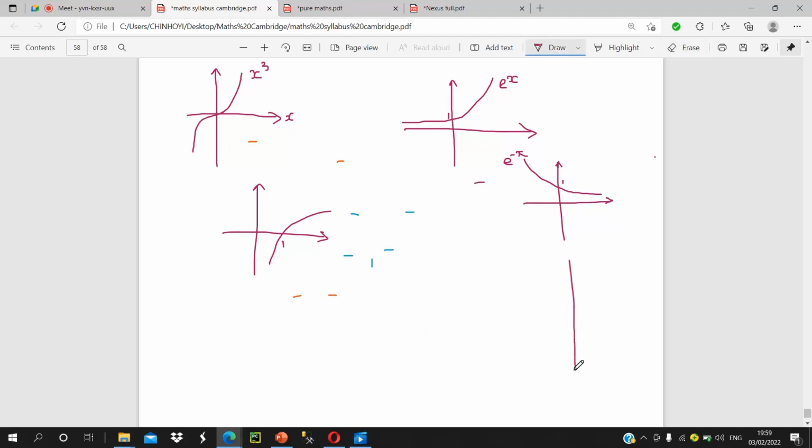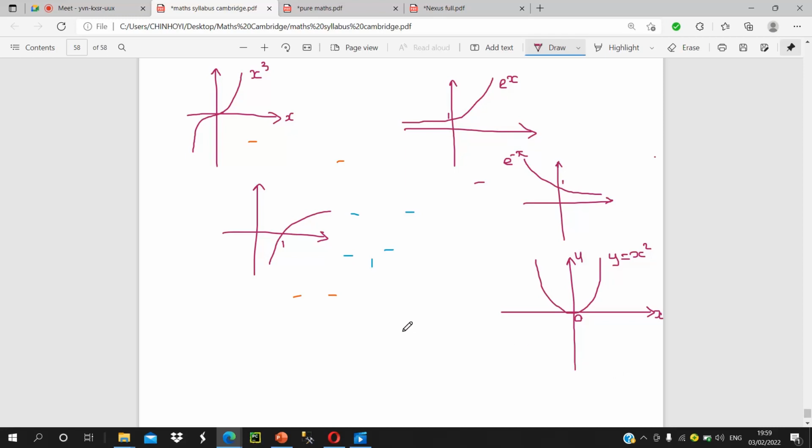So it will be something like this. The shape is correct, but where it passes matters. Here is the graph of y equals x squared, this one, right? Yes, so it passes through the origin. We just wanted the general graph.